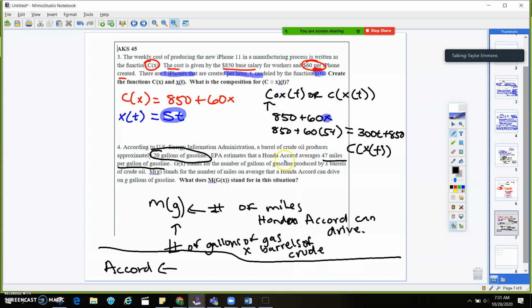They average 47 miles per gallon of gasoline, right? So we're trying to figure out how many barrels of oil it's going to take to run a Honda Accord. Okay? We're trying to figure out how many barrels it's going to take in order to let the Honda actually run. This one's a little tricky.